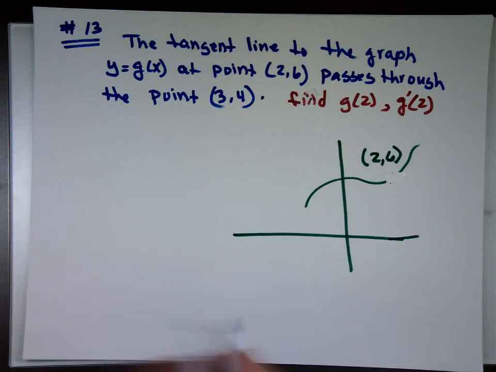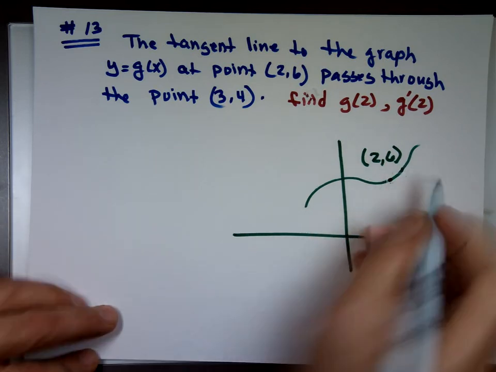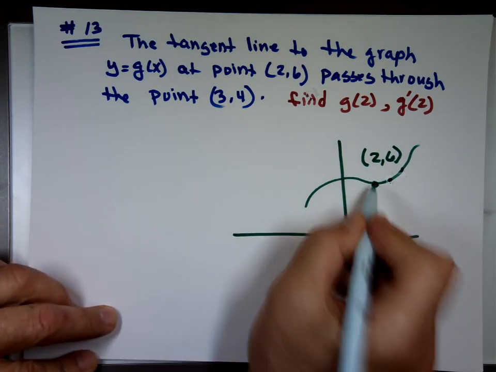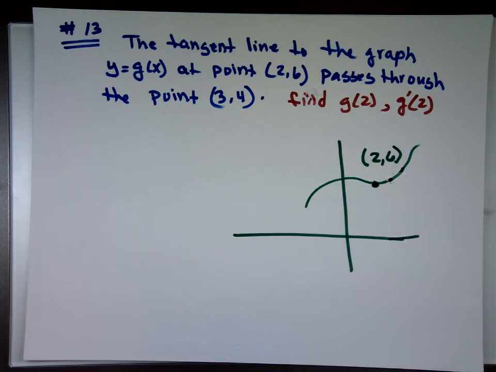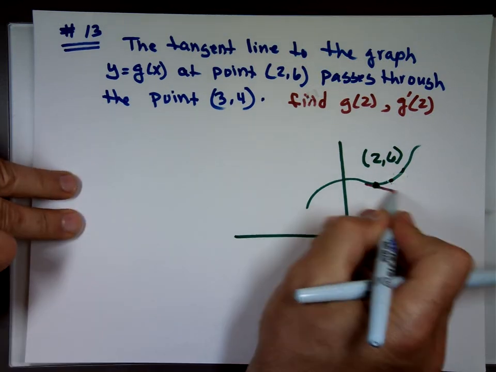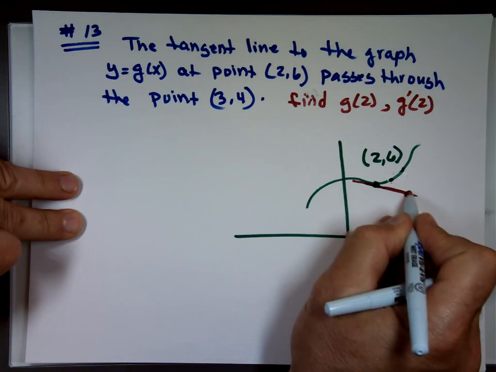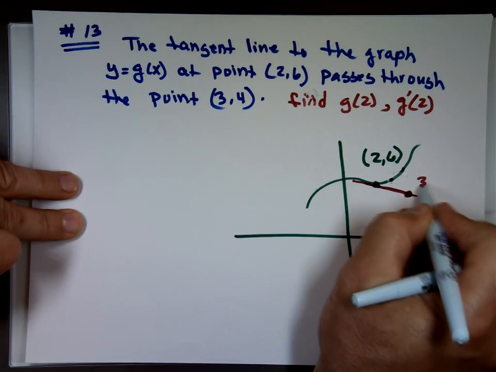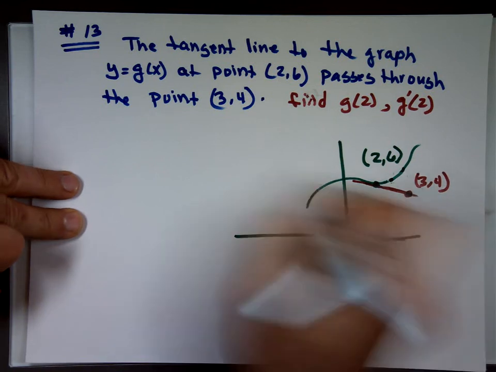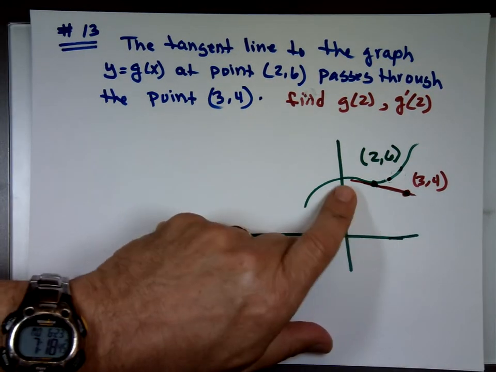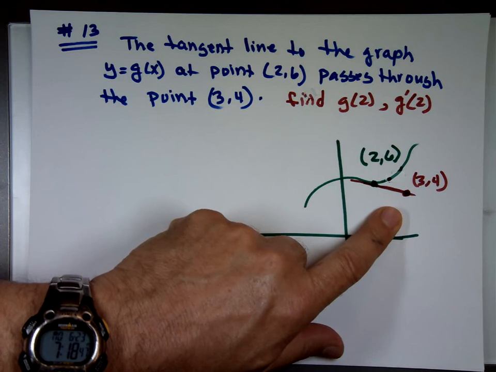So let's say this is the point, 2 and 6, right? The tangent line of that looks like this. So the next point they've given us, it says the tangent line passes through the point 3 comma 4. That's why I put it down here as coming down. Notice the y value as x increases, what happened to the y value? Dropped, so I know it was coming down. It wasn't going up.